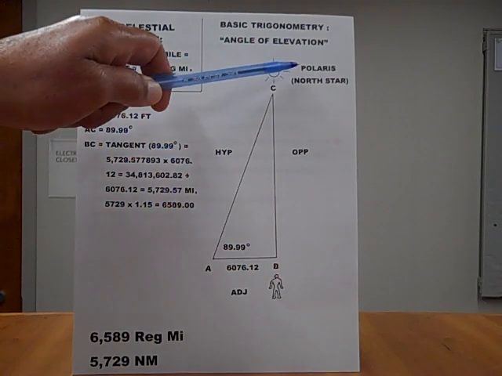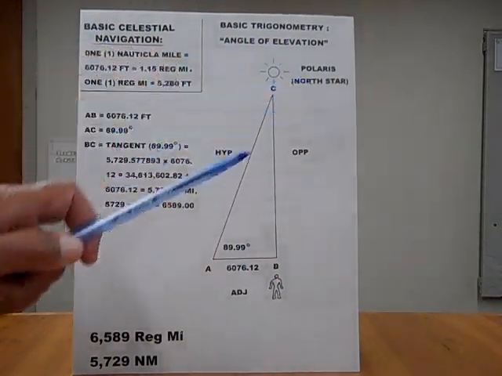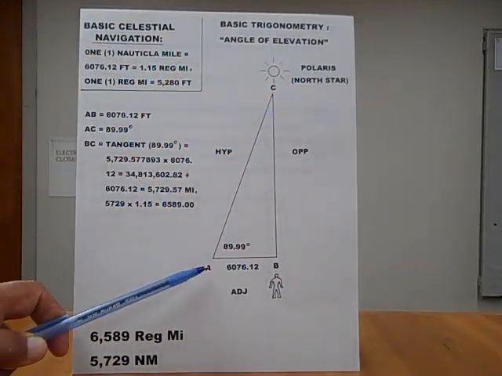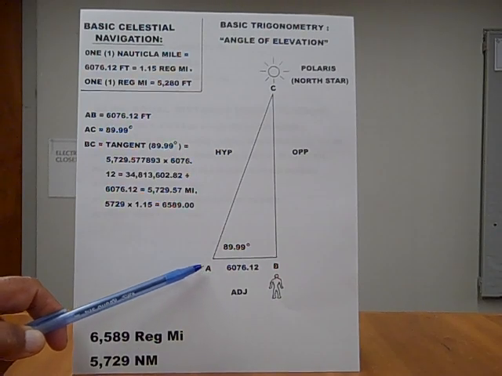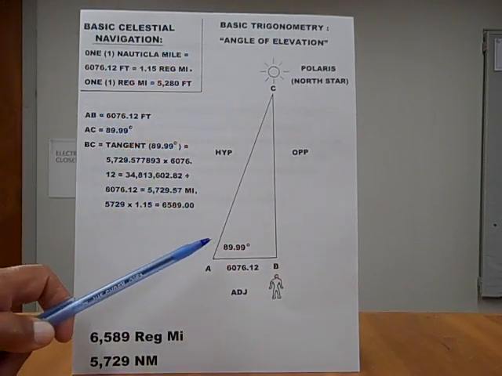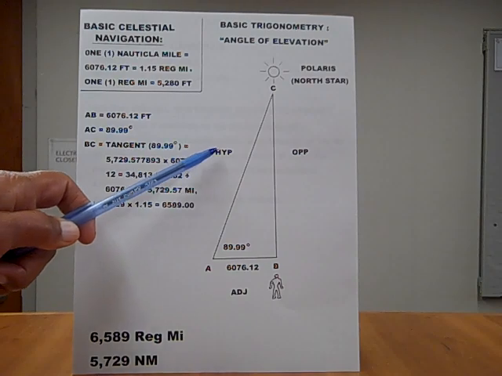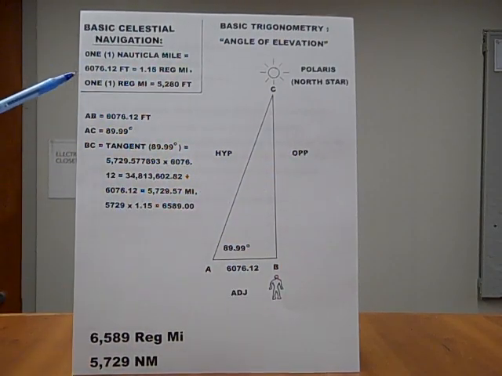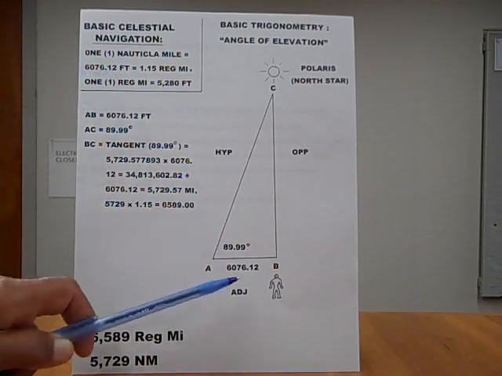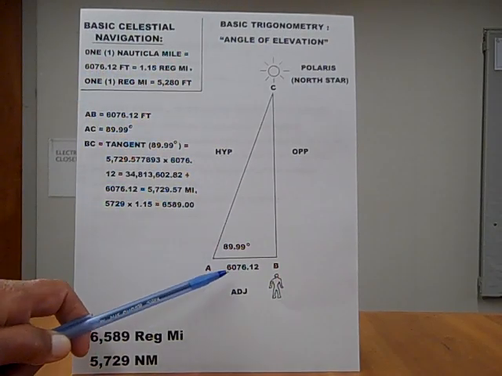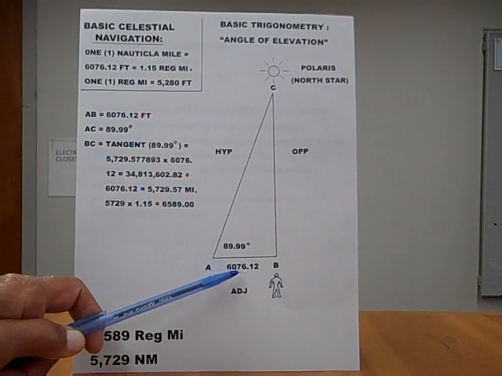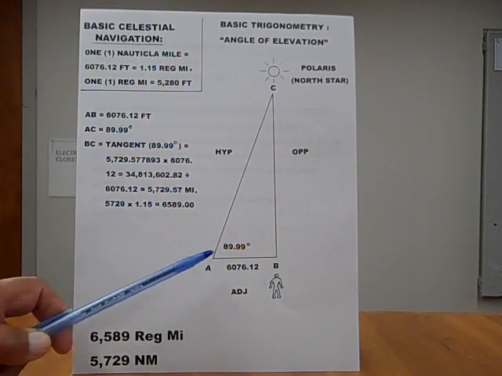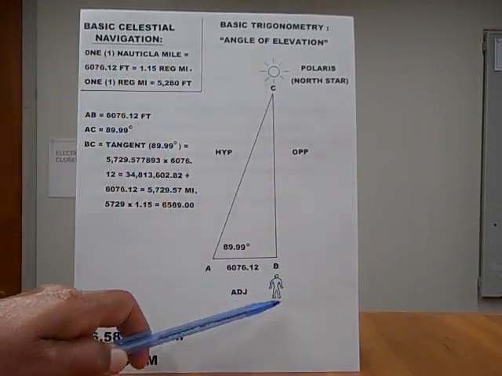This right here is Polaris, the North Star. This is a right angle triangle, and all triangles have three edges, A, B, and C. And every triangle has three sides: hypotenuse, opposite side, and adjacent side. The 6,076.12 feet is put here at the bottom on the adjacent side of the triangle. Polaris is right above your head.